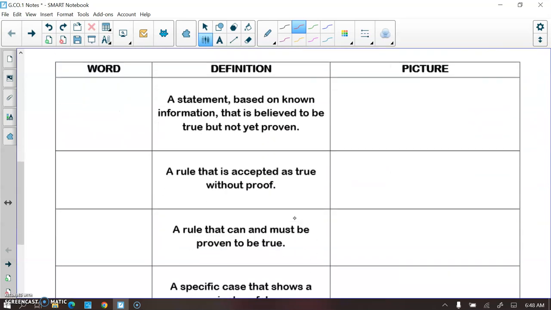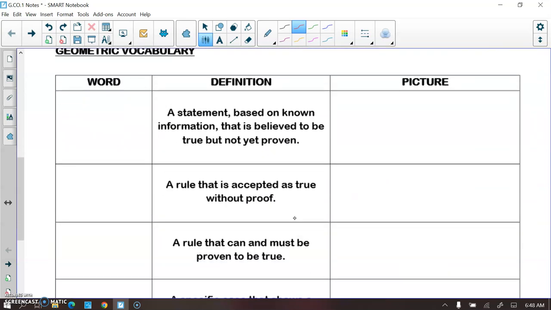All right, so now we're going to get to some geometric vocabulary. So with this, we have definitions that I gave you guys, and then we're going to come up with a word. So a statement based on known information that is believed to be true but not yet proven.